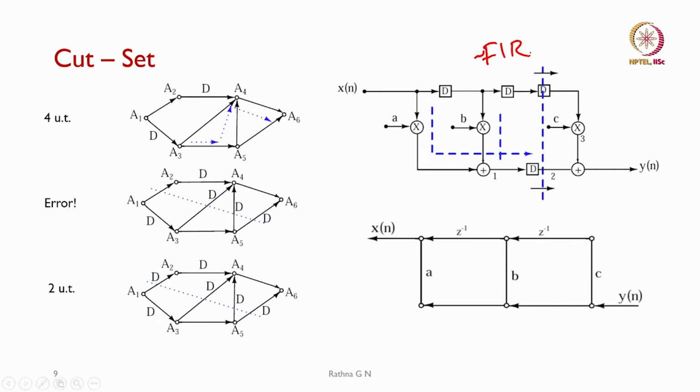Which was taking one multiplication and then 2 clock cycles for our addition. So, how we can reduce 1 clock cycle for multiplication and 1 clock cycle for addition is by putting the feed forward cut set here and introducing the delay.